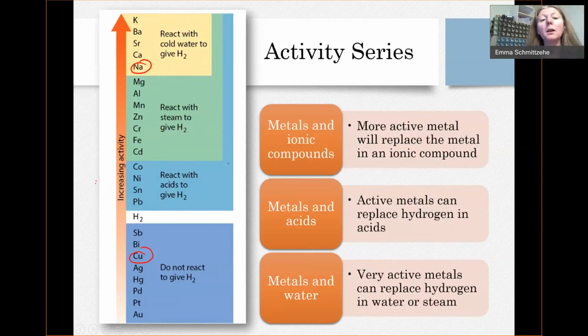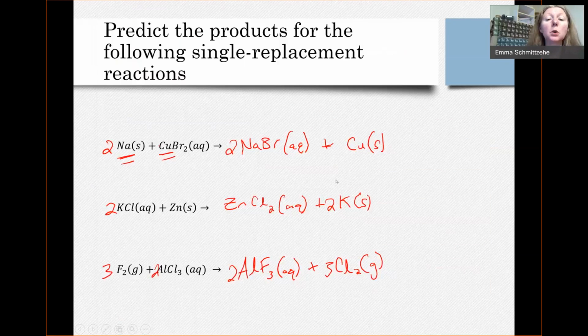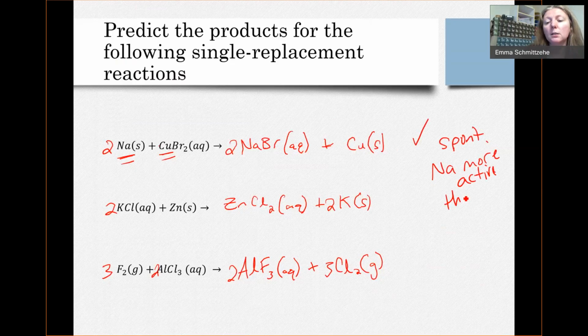So sodium will naturally just replace copper, okay, spontaneously. So this reaction, yes, is spontaneous because Na is more active than Cu, okay?